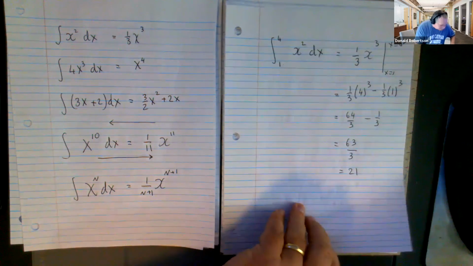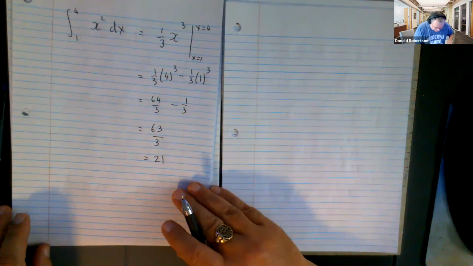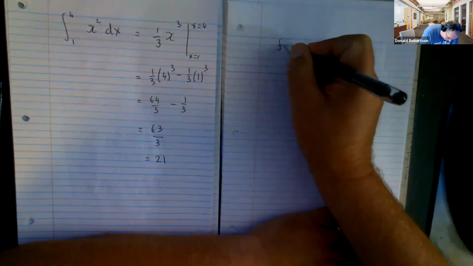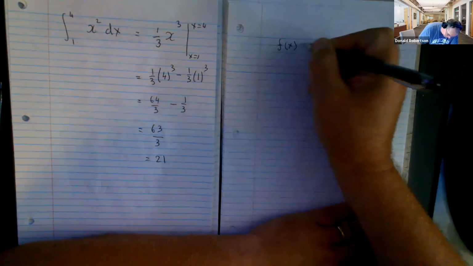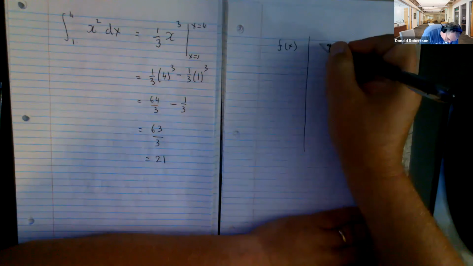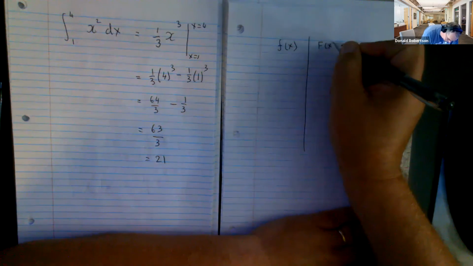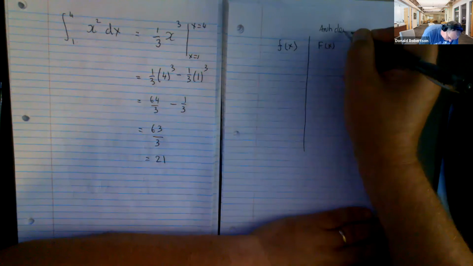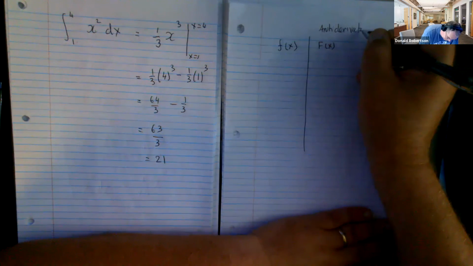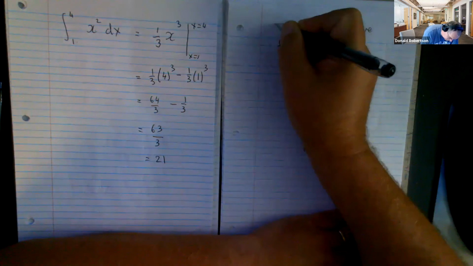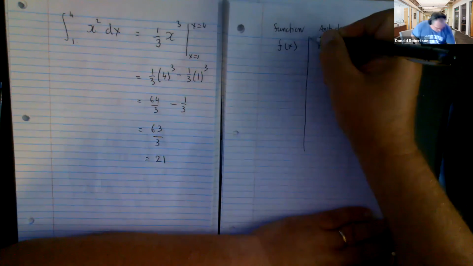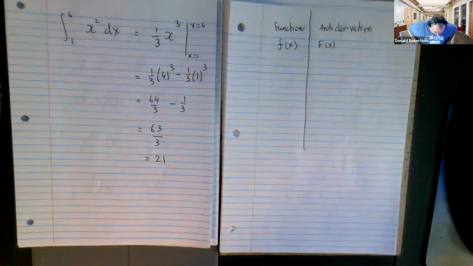So I'm going to spend a little bit of time trying some guys out. Here is the original function, the thing you want to find the area under, and we're going to put next to it its antiderivative. Okay, here goes.